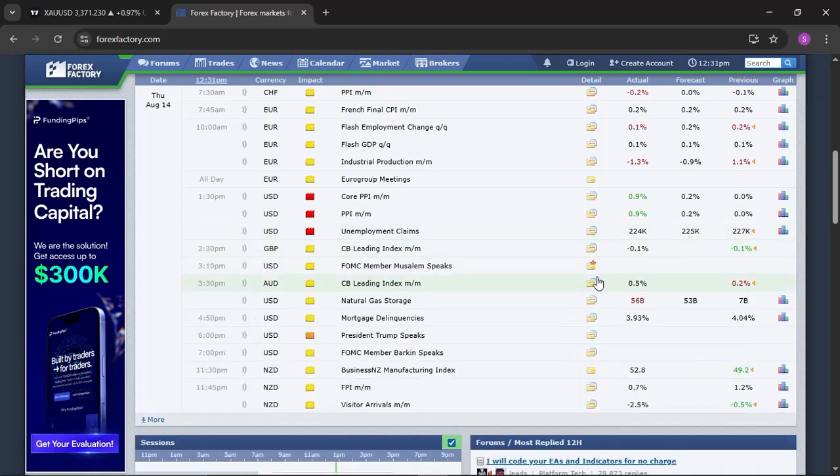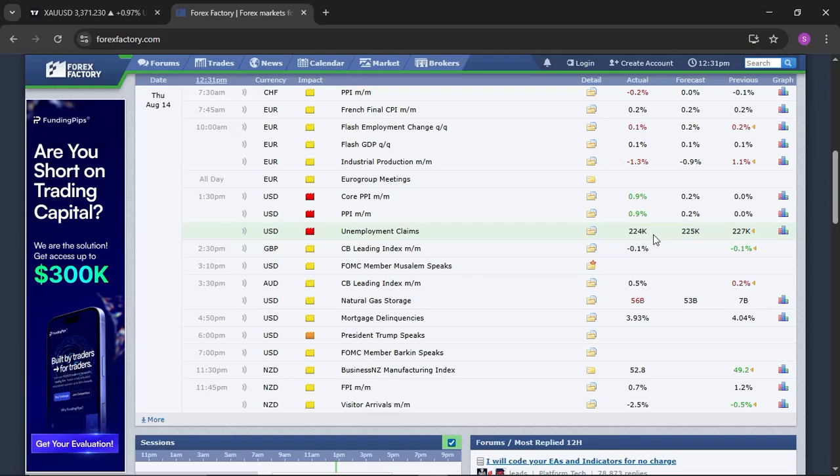Now these two, core PPI and PPI, come out positive, which shows that we are going to sell gold. But then this one comes out almost equal, that is 224,000, and this one is 225k, and it says actual less than forecast is good for currency.